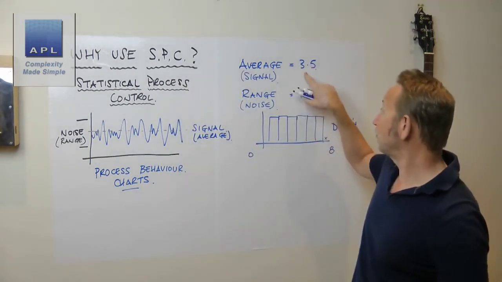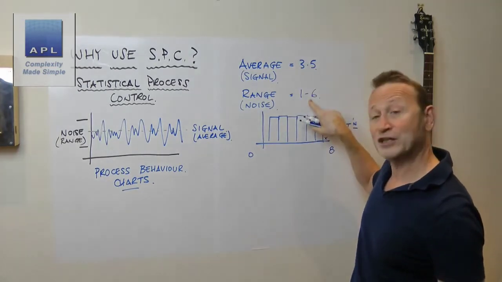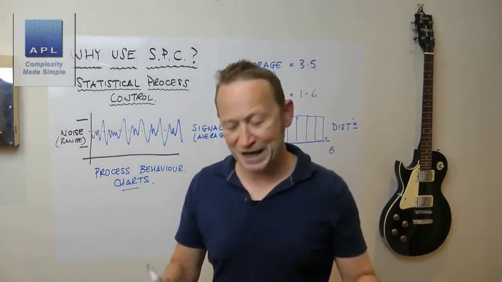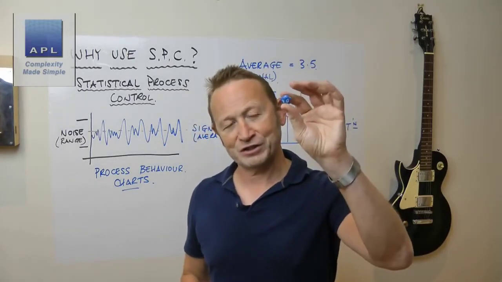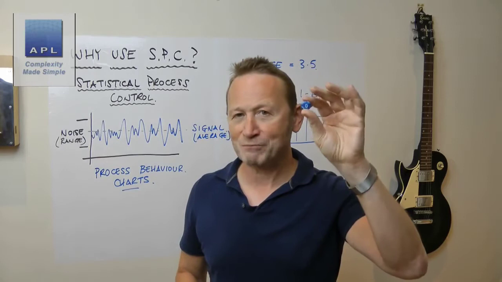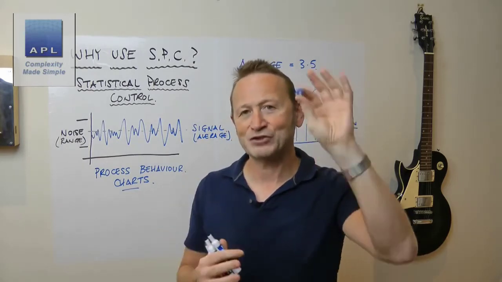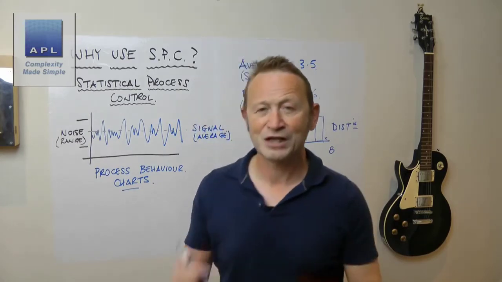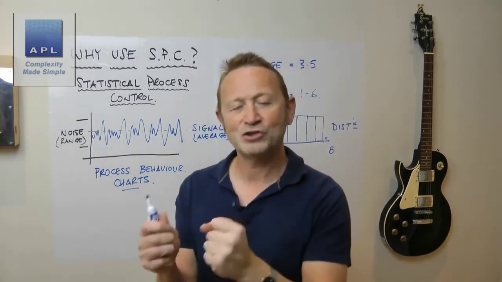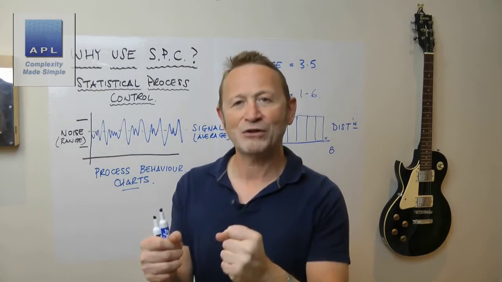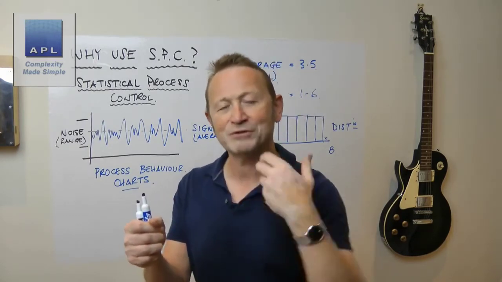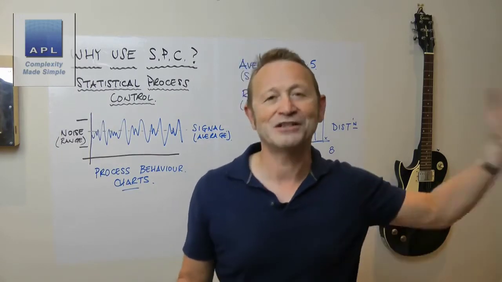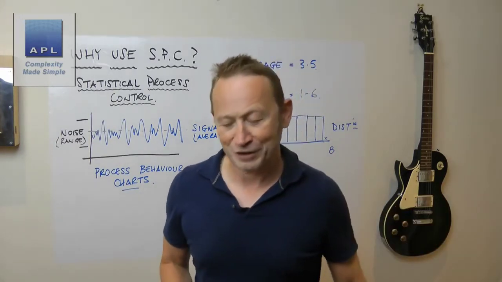The average is up at 4.5, I believe, and the range is 0 to 9. That would be the natural behavior for this process. And we would use those numbers, those behavior patterns, to judge whether this process is healthy or not. Because that's what it's telling you. Is your process healthy? Is it well set? And is it stable and just producing in a good way? The way it did yesterday and the day before and the day before that.